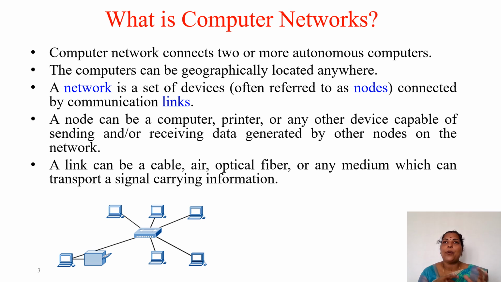So here a computer network means two or more autonomous computers are connected, and the autonomous computers are located geographically anywhere. Because now I am taking class and you are listening, but we are not in the same place, we are in different locations, but you are just hearing.